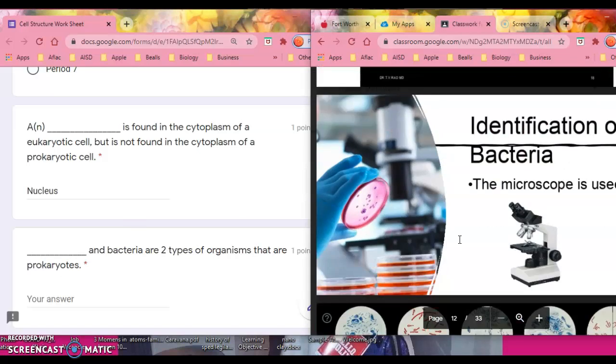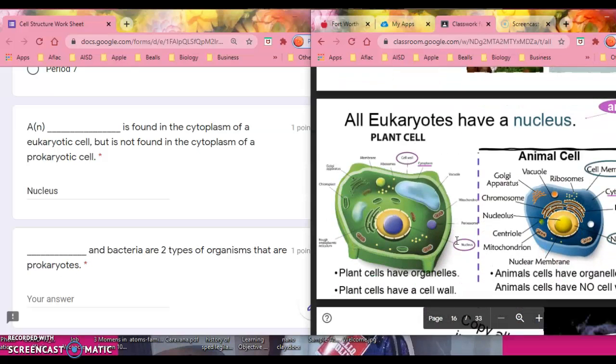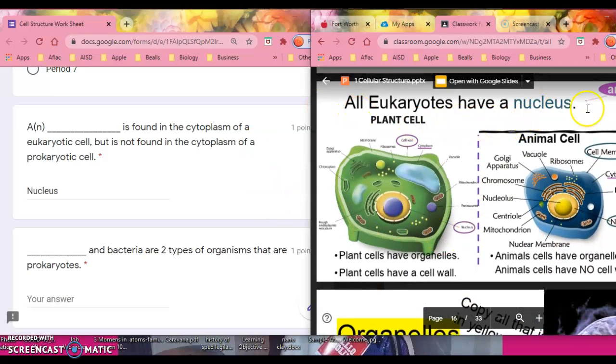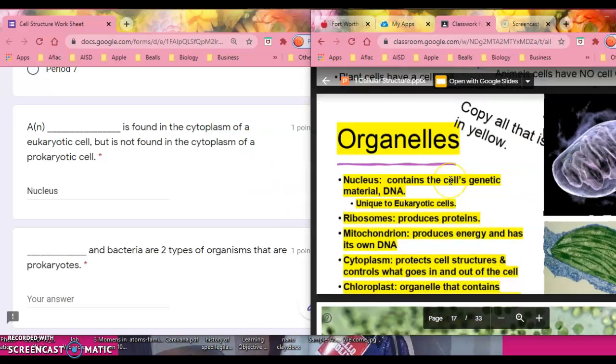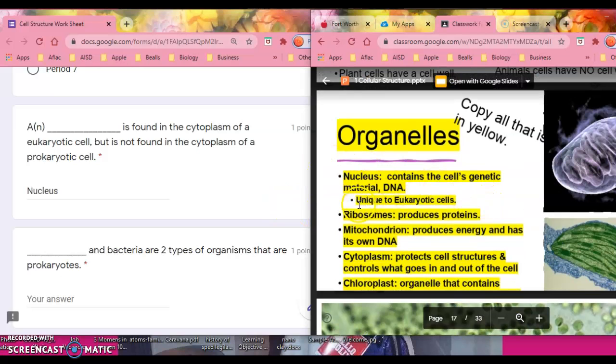Another space that will have it will be over here when we're talking about eukaryotes. And all eukaryotes have a nucleus. Organelles, okay? Nucleus, unique to eukaryotic cells. So there are many places to find this information.